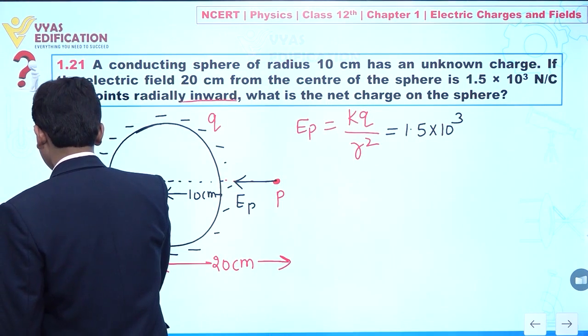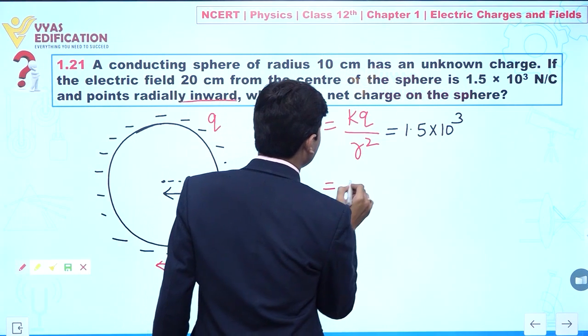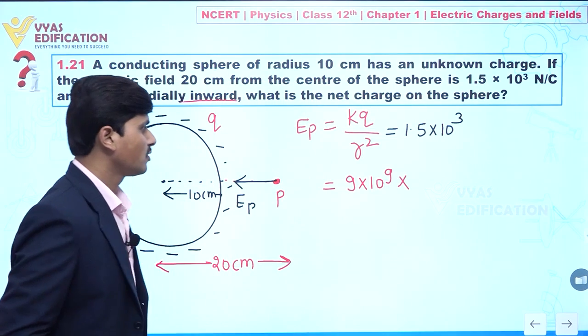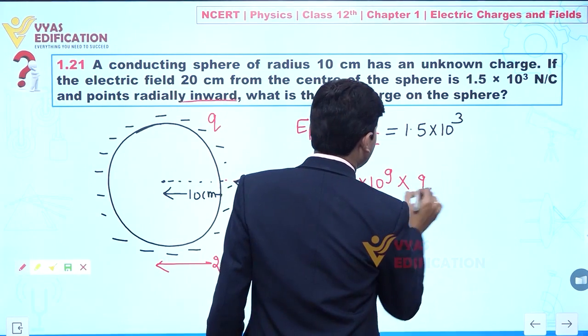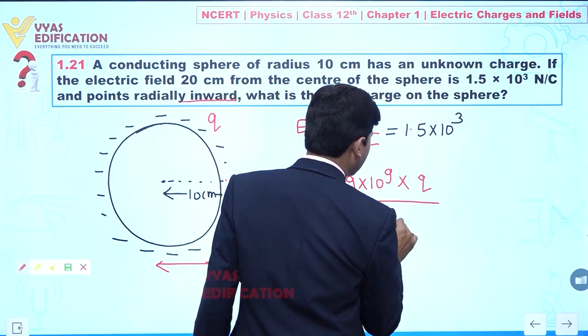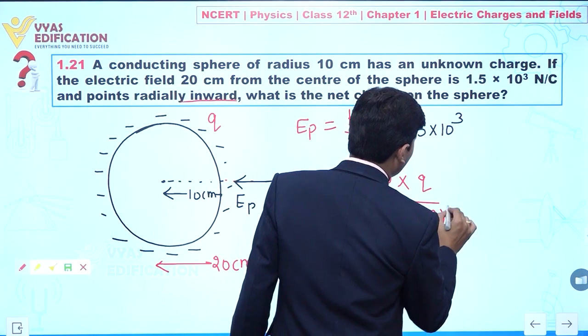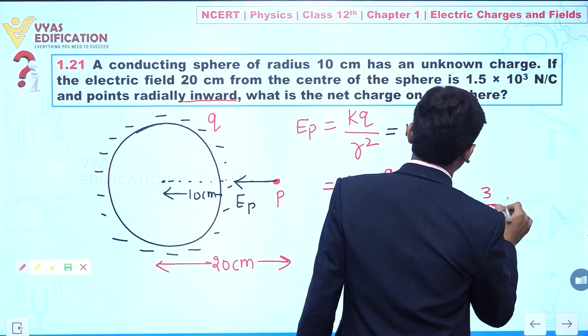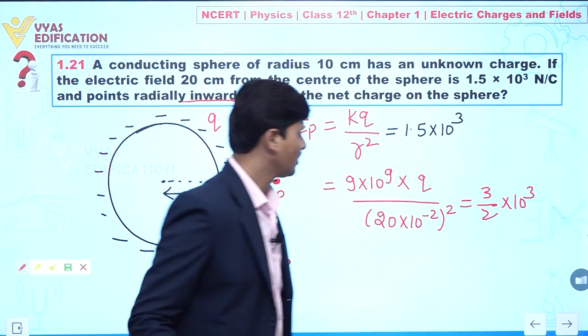So we can write like this, value of K we have 9 into 10 to the power 9 into Q, which we don't know, this is our objective. Value of r we have 20 centimeter, so 20 into 10 to the power minus 2 whole square, this should be equal to 3 by 2 into 10 to the power 3. Clear?